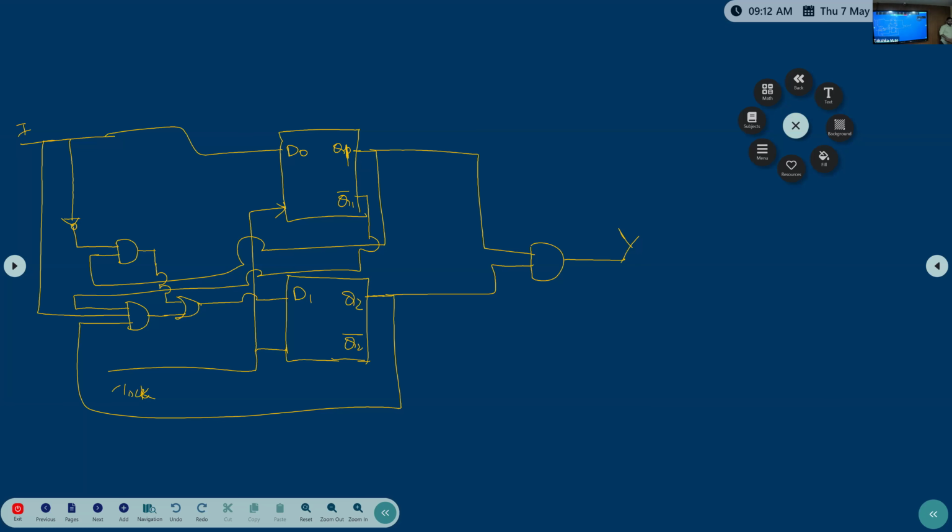See, if you know the state diagram properly, then the representation of the state table and circuit diagram will be very easy. Clear? So after your note down is complete, then we'll discuss the summary of the Mealy and Moore state diagram.